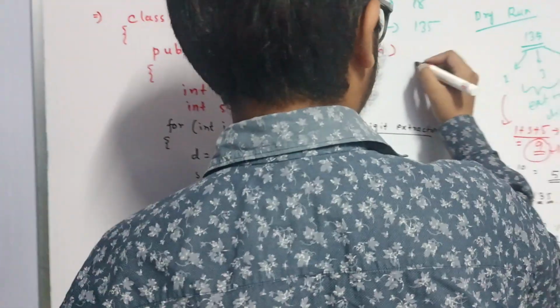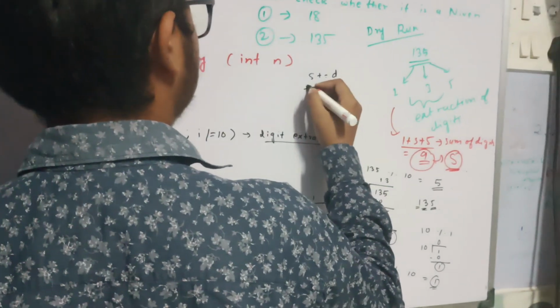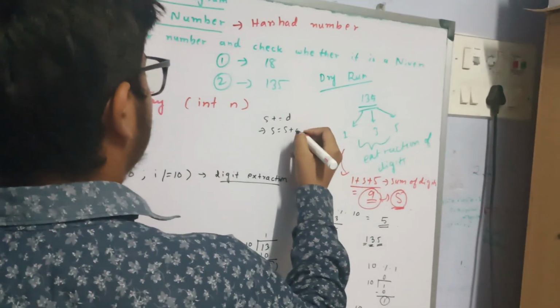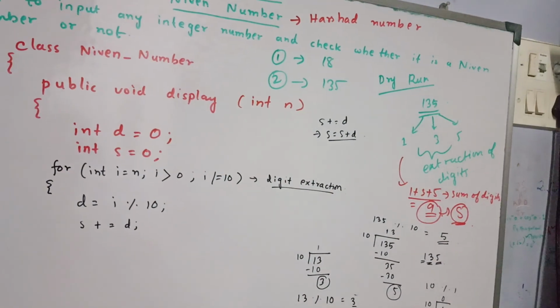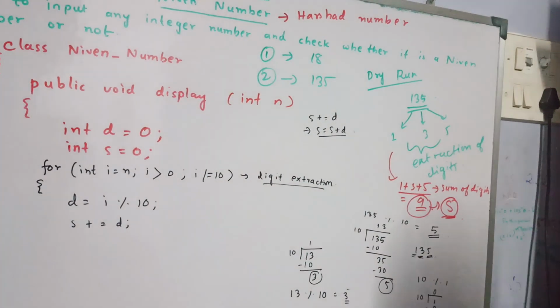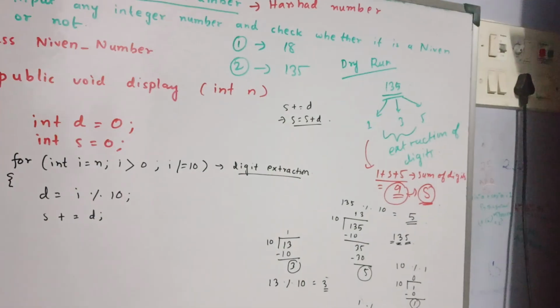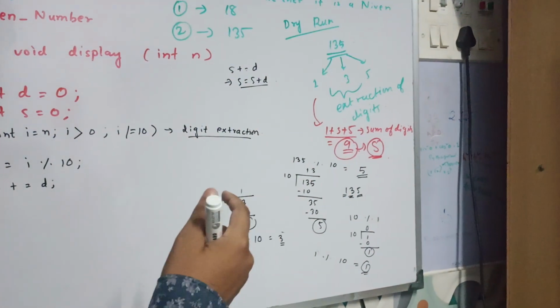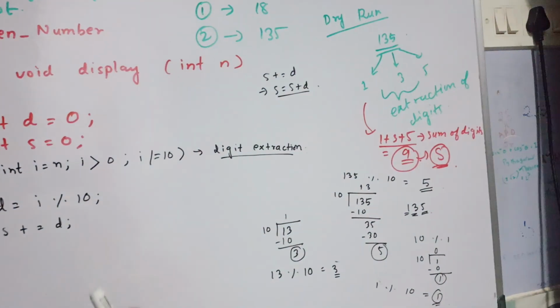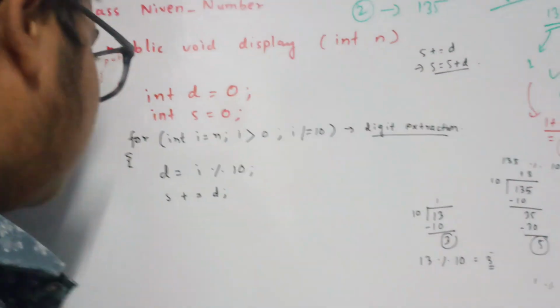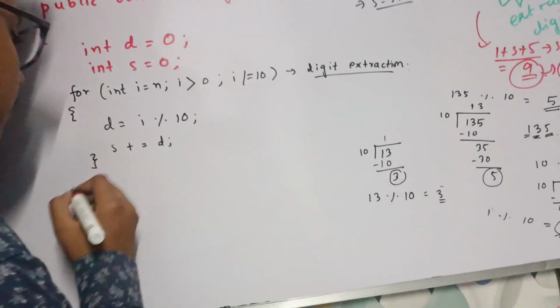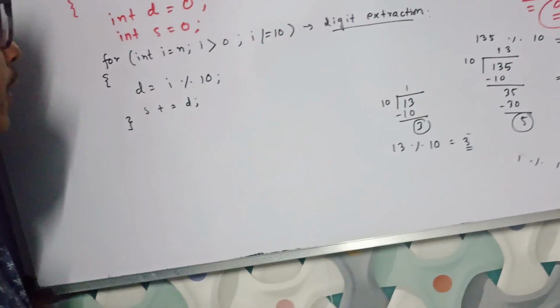This means s = s + d, so the value of s will be changing. By performing this statement, we get the sum of the digits. Next, let's close the bracket, meaning let's close the loop.